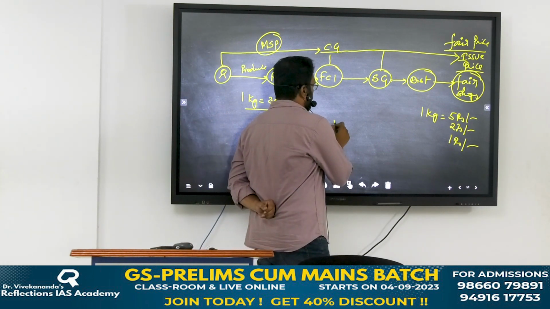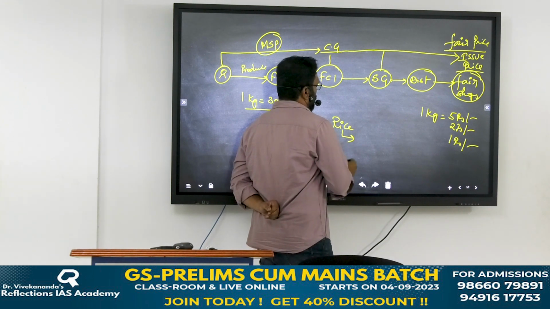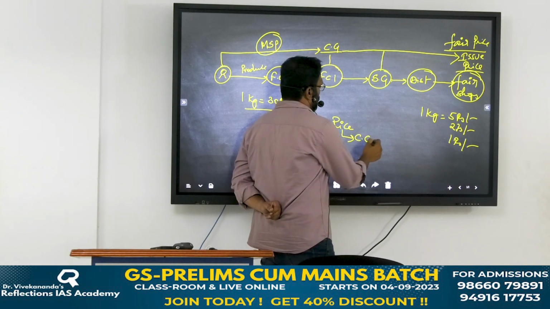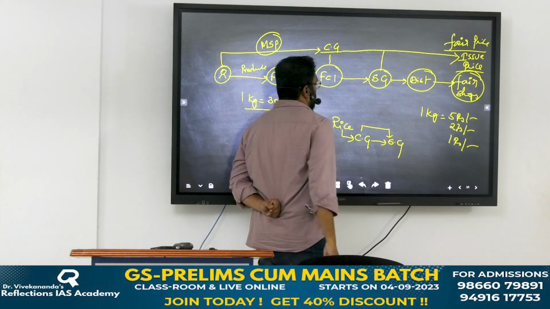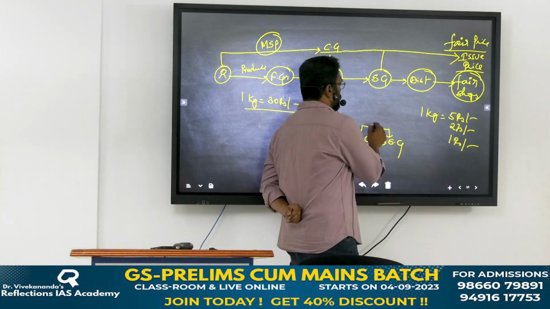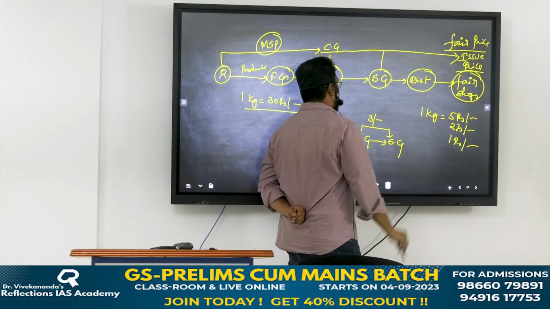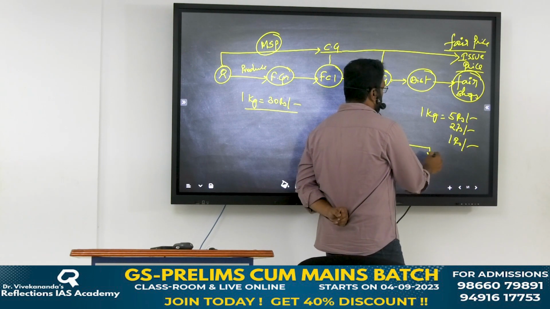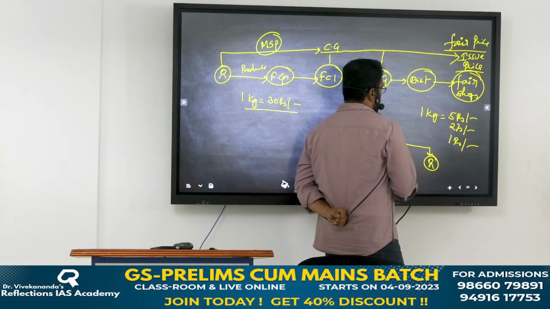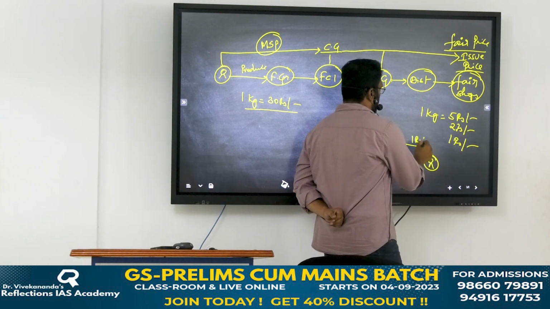Central government delivers rice to the state government. If I take rice, the central government delivers to the state government the rice which is of 3 rupees. And the central government promises to the individuals, I am paying it at 1 rupee.